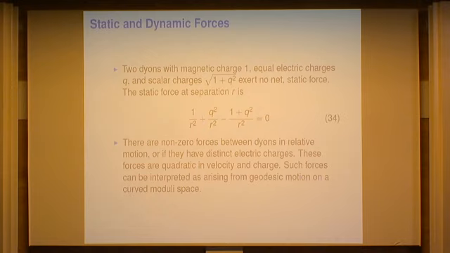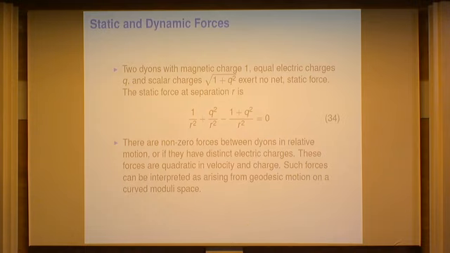But if the dions are in relative motion, or if they have distinct electric charges, then there will be forces, and these dions will move. And that motion, because the forces are quadratic in velocity and electric charge, these forces can be interpreted as arising from geodesic motion on moduli space.